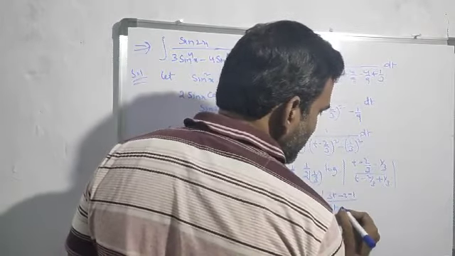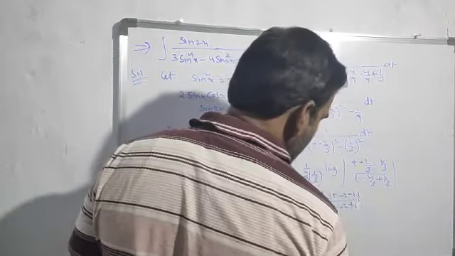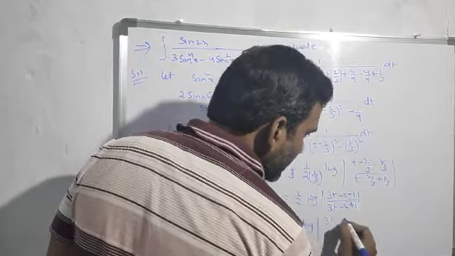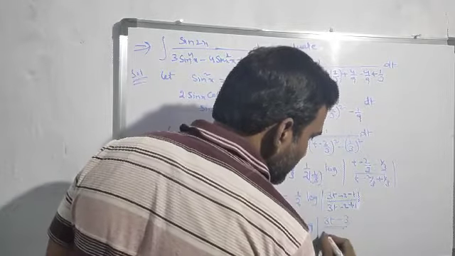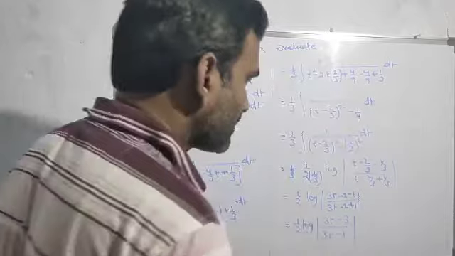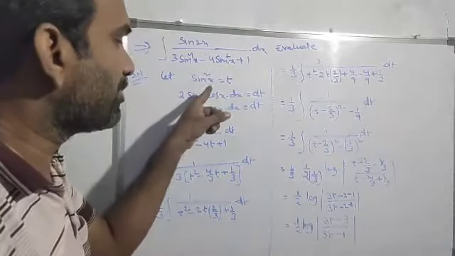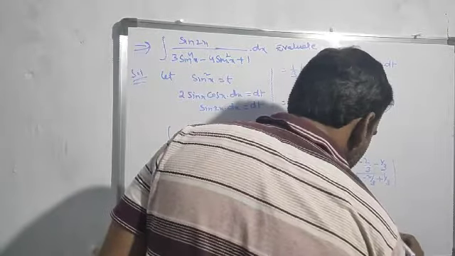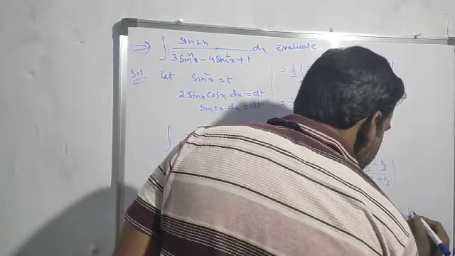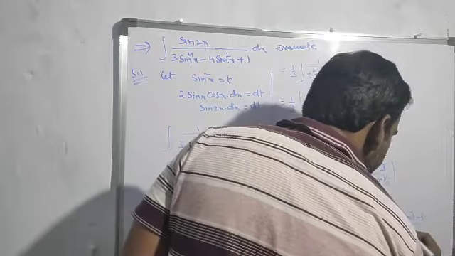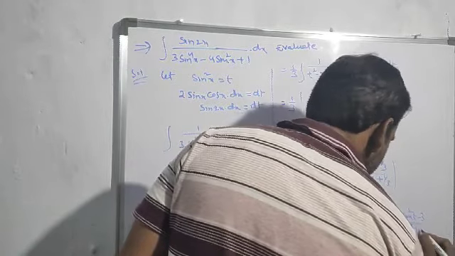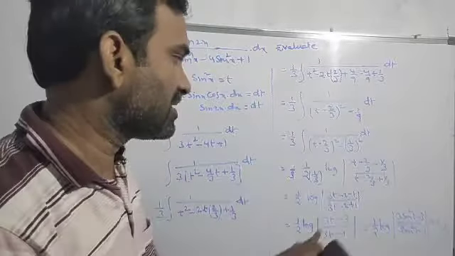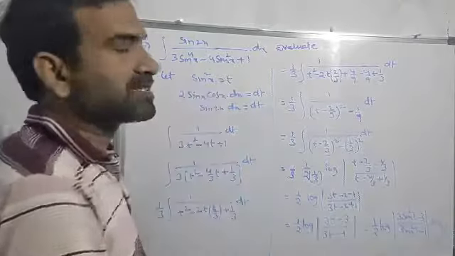So 1 by 2 into log of 3t minus 3 by 3t minus 1. In the place of t you have to substitute sin square x. So our final answer is log of 3 sin square x minus 3 by 3 sin square x minus 1, plus c. So this is our answer.